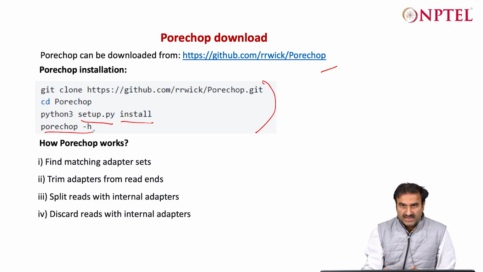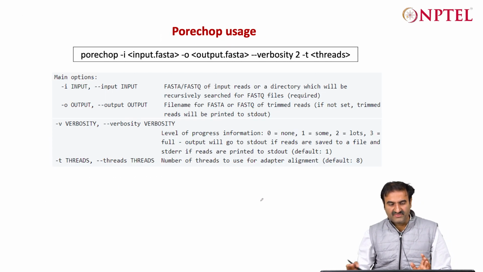So you can match the adapters and trim the adapters from both the ends of the reads, right? Both the ends, forward and reverse. Okay, this is adapter, this is adapter, right? And split the reads with internal adapters. If the adapter is in between, you can split the read into 2, or discard the reads having internal adapters. Okay, so various things you can do.